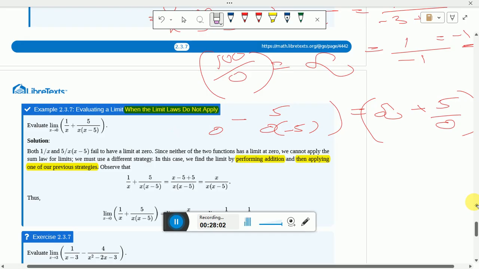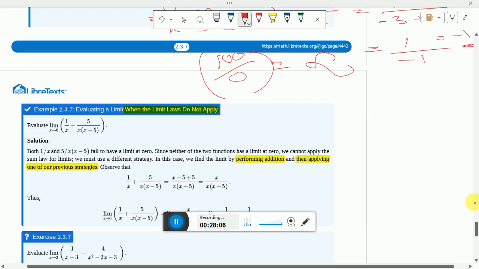Now I will show you how we get the answer for this type of question. Rather than directly taking the limit as x approaches 0 of 1 over x plus 5 over x into x minus 5, first we simplify the equation and remove some common elements.